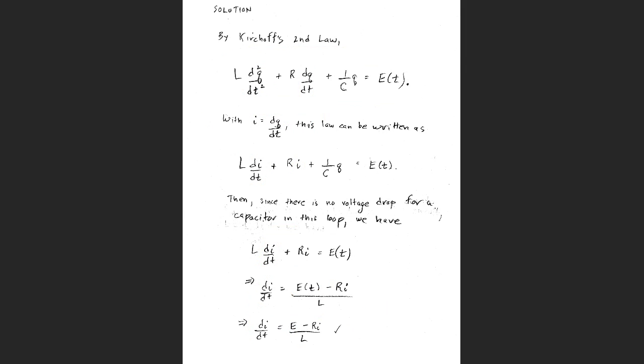Well, if you have that current equals the derivative of charge, then what would the derivative of current be? The derivative of current would have to be the derivative of charge. And that's why the second derivative of charge equals the first derivative of current. Oh, okay. Just take this equation and differentiate both sides.